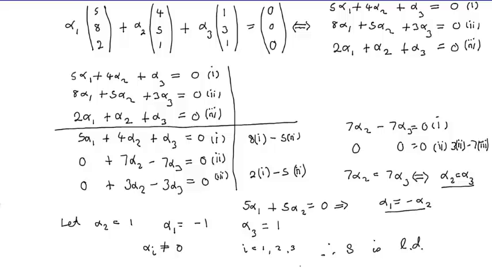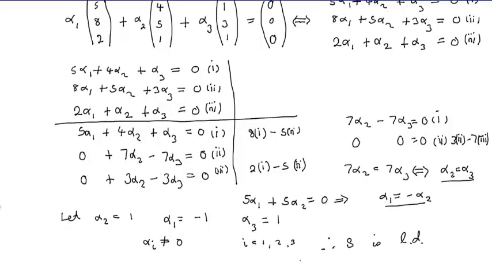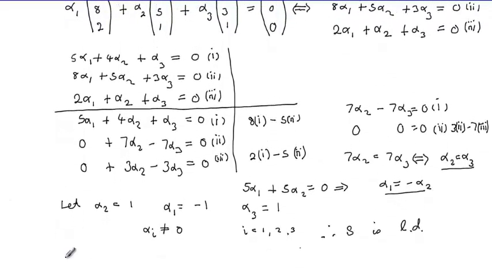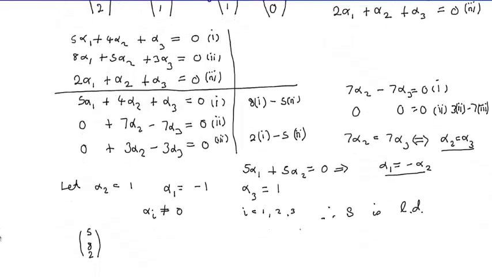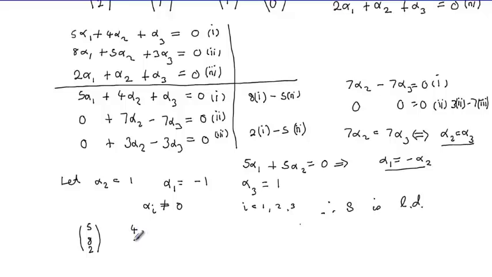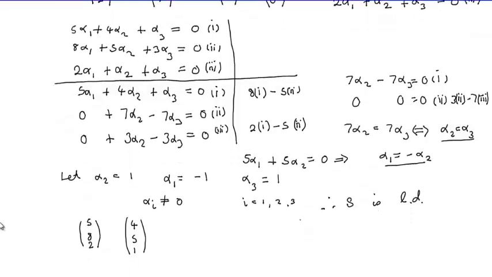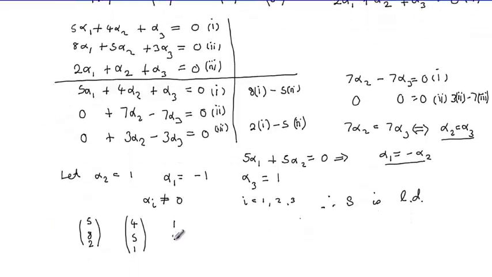Now, the vectors given are 5, 8, 2, and 4, 5, 1, and the last vector is 1, 3, 1.